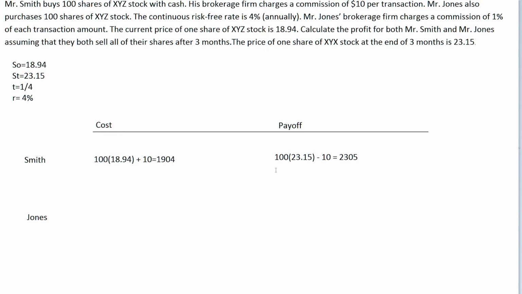Now, to calculate the profit, we have to factor in the time value of money. We understand that we have this 1904 at the very start, and that this is compounding continuously.